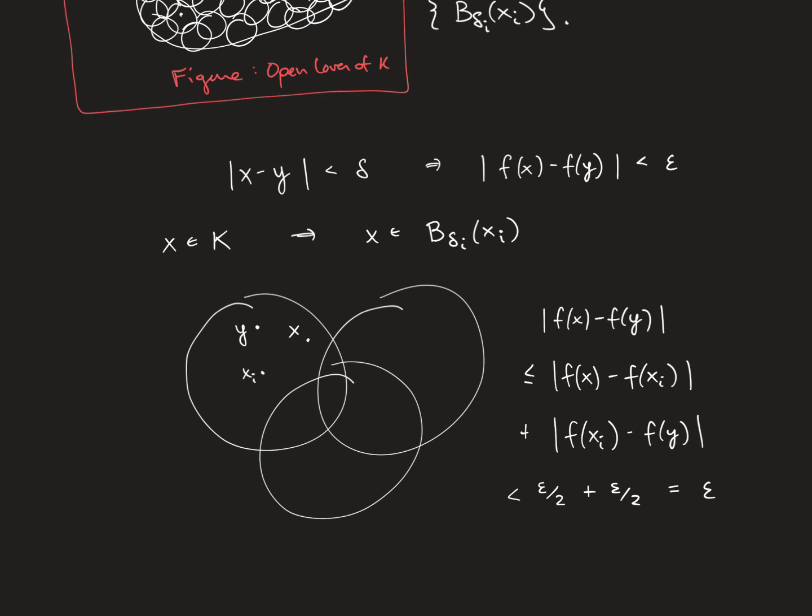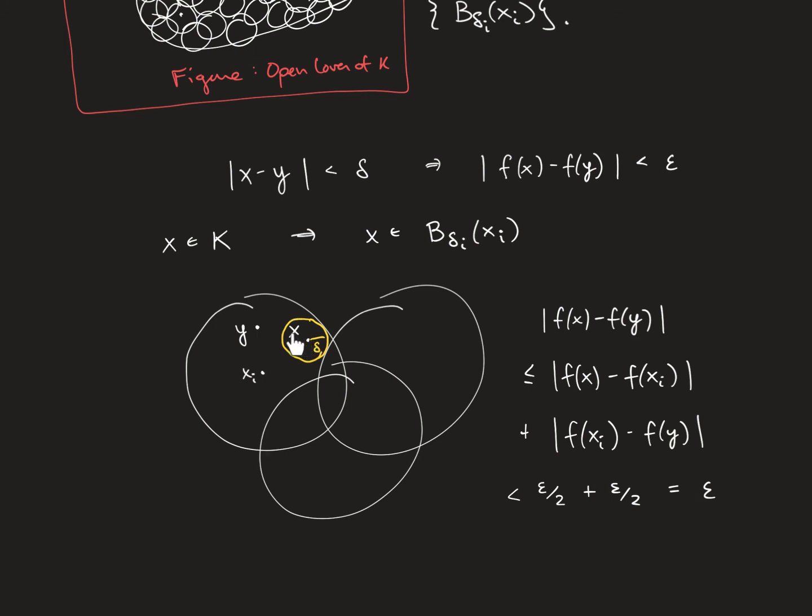Right? So imagine if I put a delta ball around this fixed x here, I can find a delta so that the delta ball around it fits in that bigger ball around x sub i. And then all of the y's in there are going to fall inside this bigger ball around x sub i, and then we'll have this inequality.